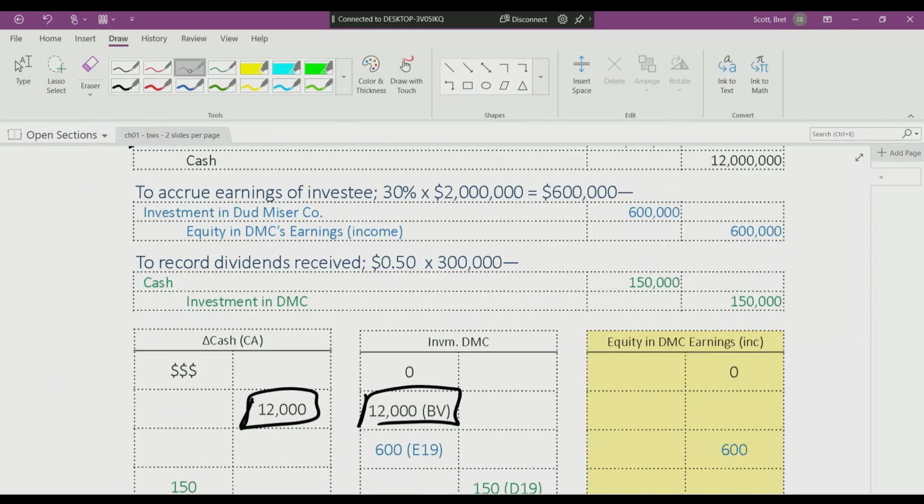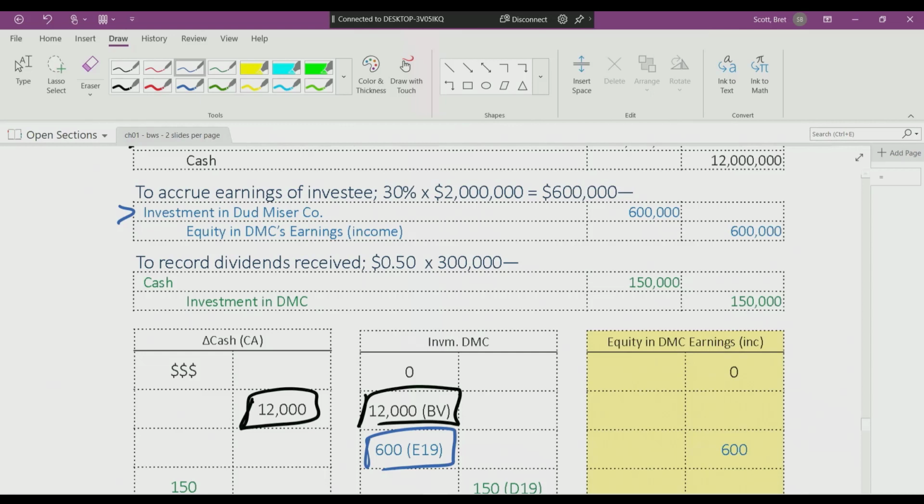The next thing I want to do is say, I got $600,000 to recognize due to the net income recognized by DMC. So that is going to increase my investment account. Again, whatever happens to the subsidiary, I mirror to the extent of my investment, 30%. They do well, I do well. I'm not double counting, okay?